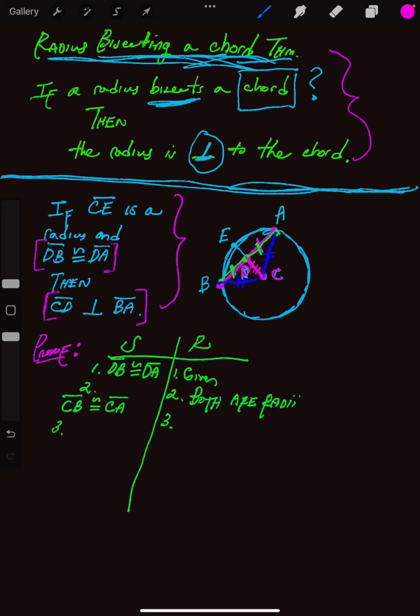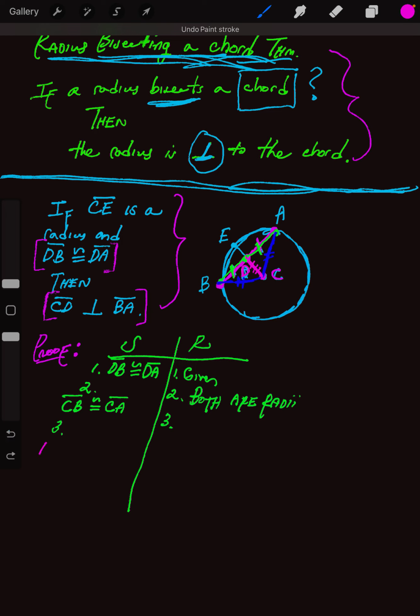So what's the statement that I could say here? What I can say here is that triangle D, right? Again, this is point D right here. DBC is congruent to... Oh, wait, before I do that, I need to state a redundant statement. Let's write the redundant statement.